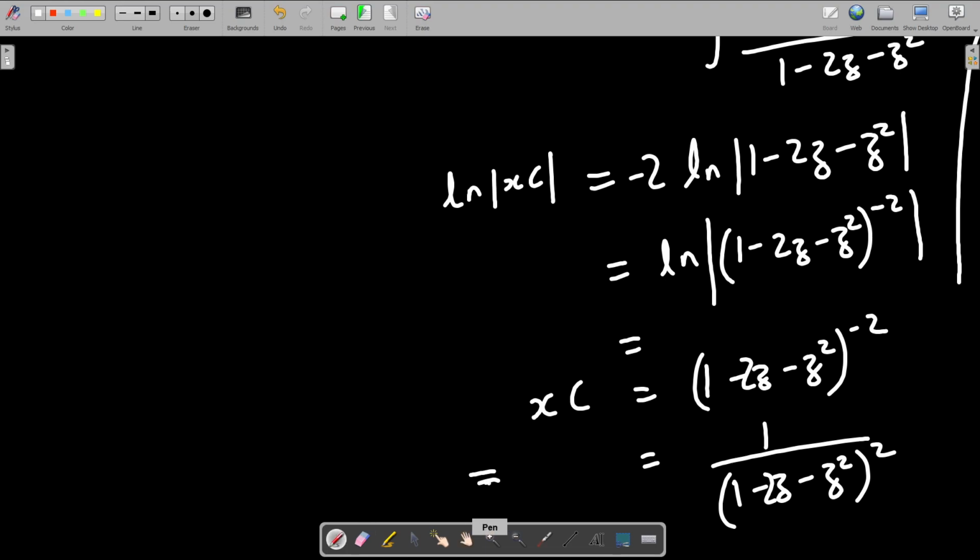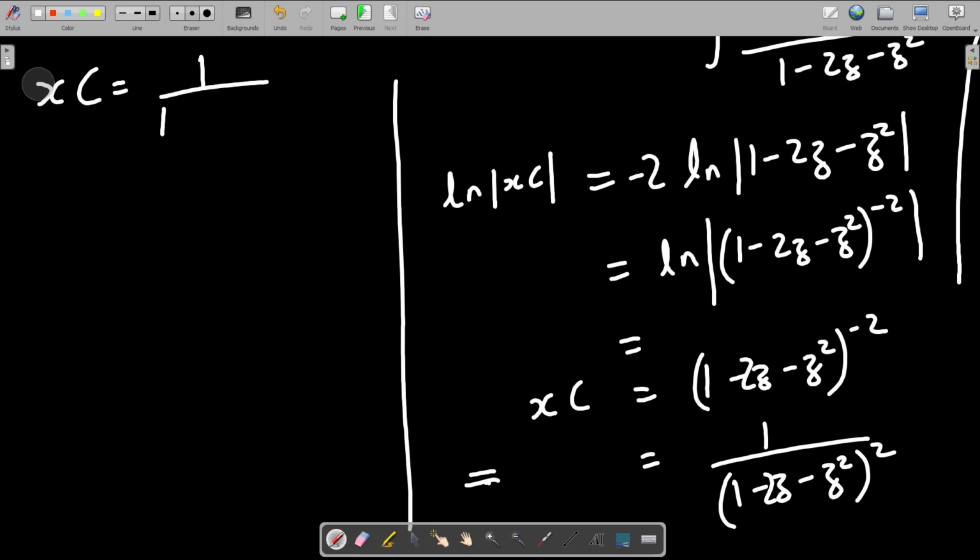Yeah, so resubstitute now. So you have x times c equals 1 upon 1 minus 2 times y by x minus y square by x square. Okay, so this is the final answer, but if I want, you can simplify it further.